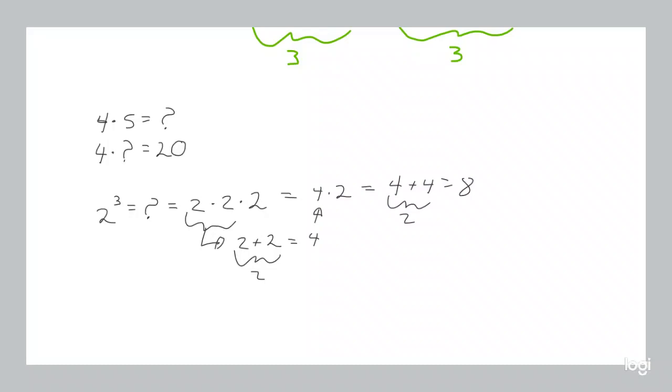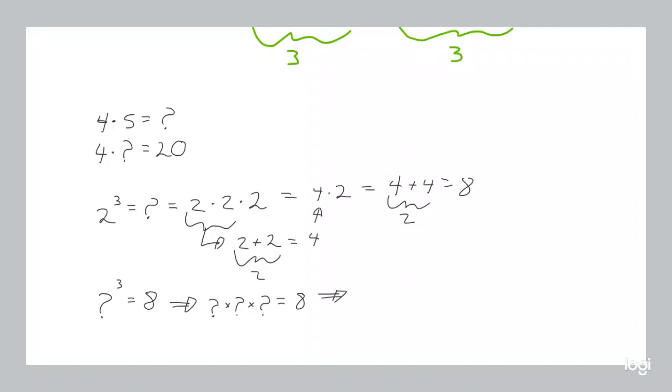Alternatively, you can ask, what to the power of 3 will give me 8? Right? What is it that I have to multiply by itself 3 times in order to get 8? So figuring this out, you want to say, okay, there's something that if I multiply it by itself 3 times, I'm going to get 8. What is that something?